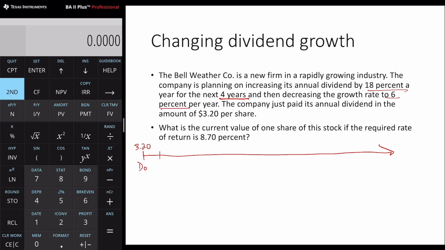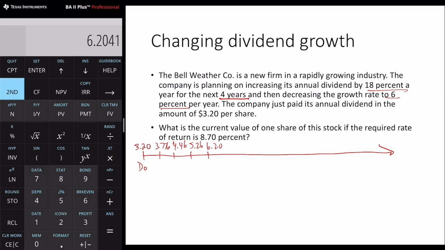All right, so 1, 2, 3, 4. I start with $3.20. I multiply by 1 plus 0.18 to grow it by 18%, and that is 3.776, times 1.18, 4.46 approximately, times 1.18, that's 5.26, times 1.18, 6.20, so $6.20.